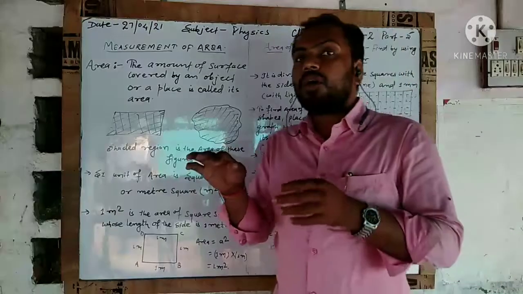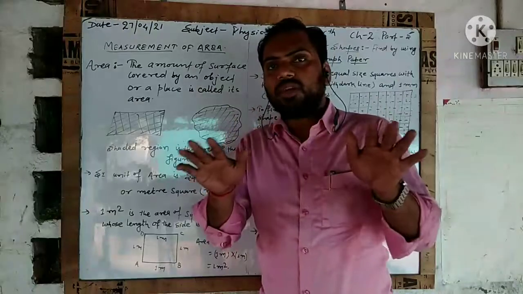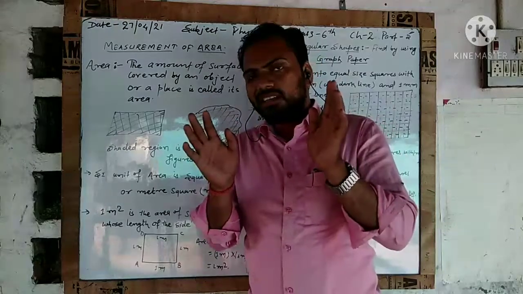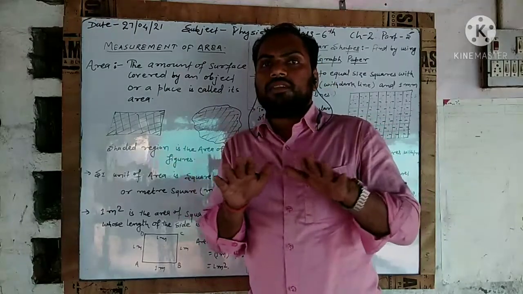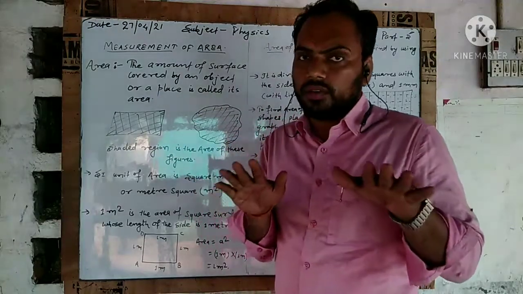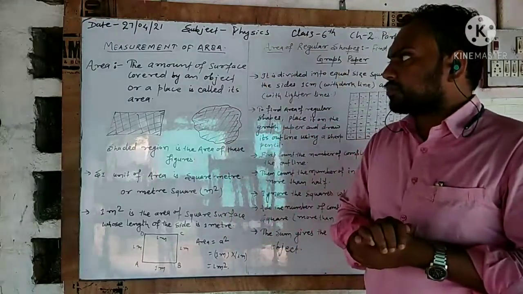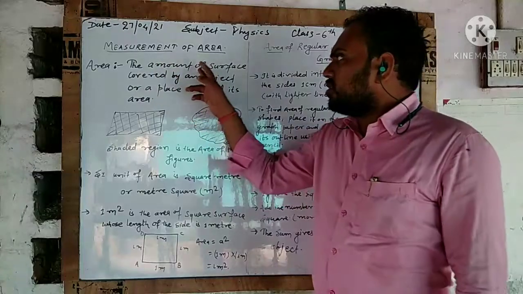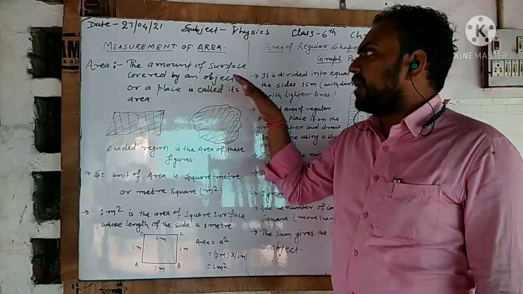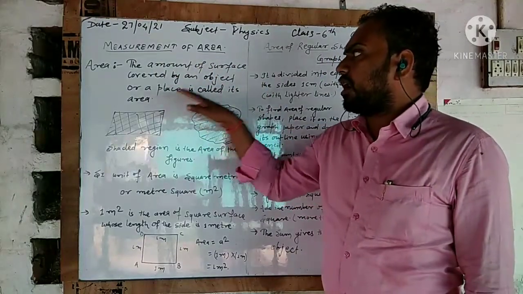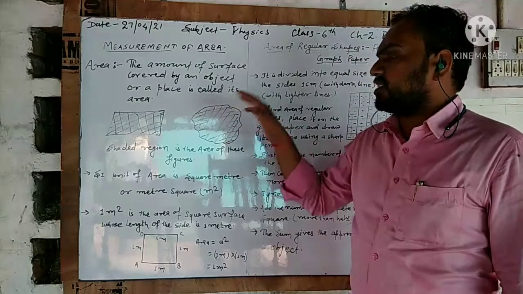Not in 3 dimensions, only in 2 dimensions. There is only length and width for area, there is no height. Come to the point here. The amount of surface covered by an object or a place is called its area.